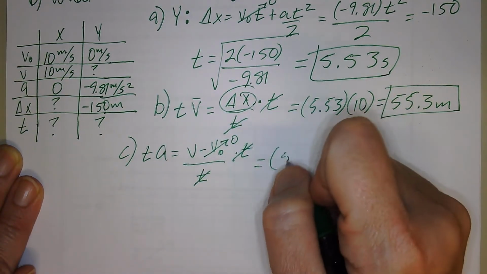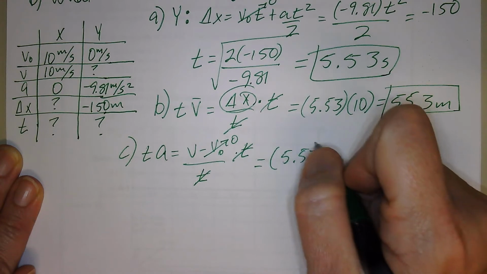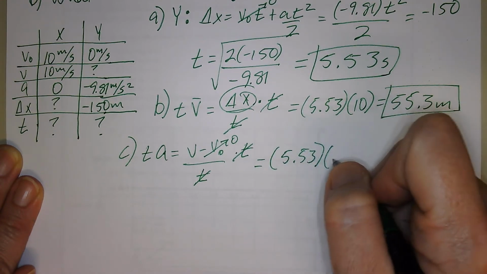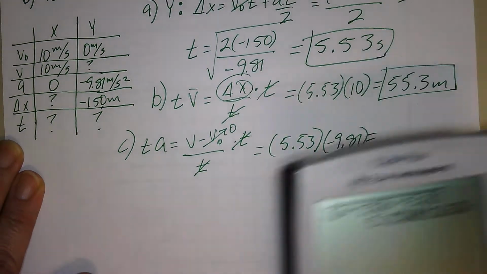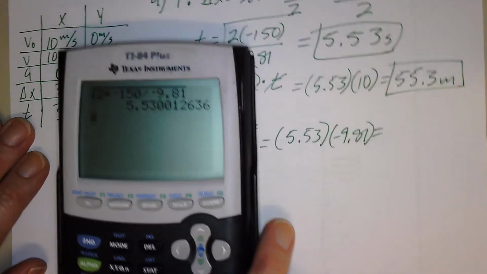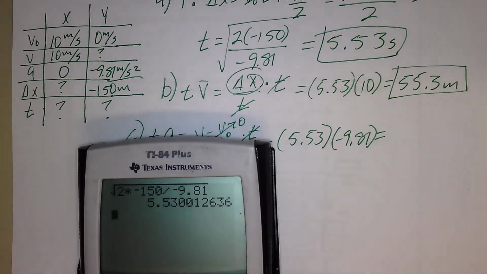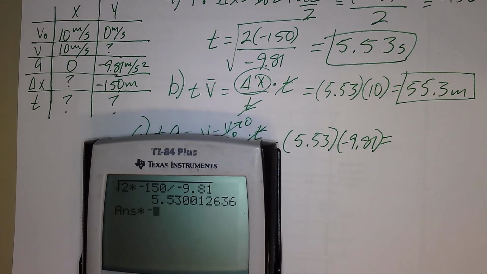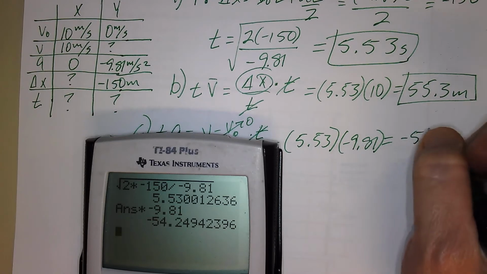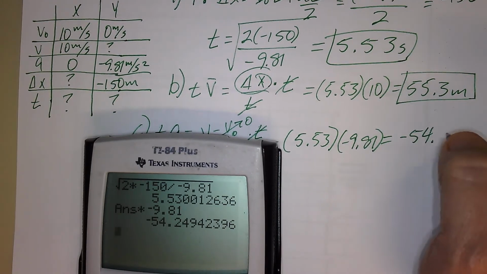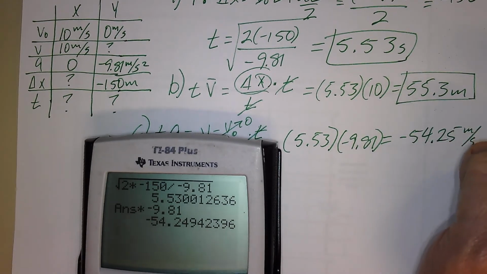So 5.53 times negative 9.81 is negative 54.25 meters per second.